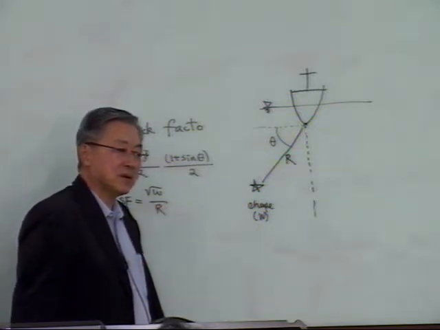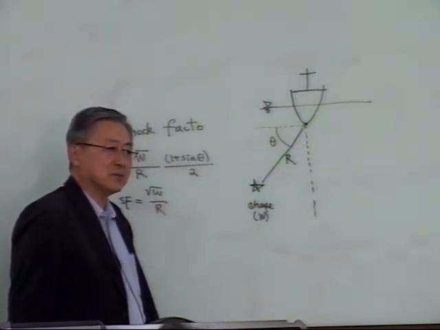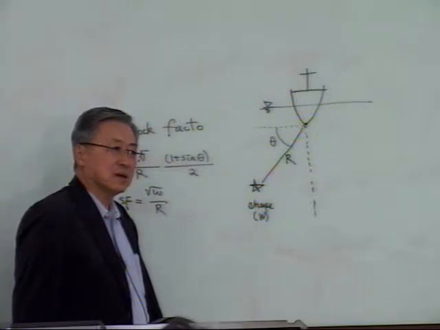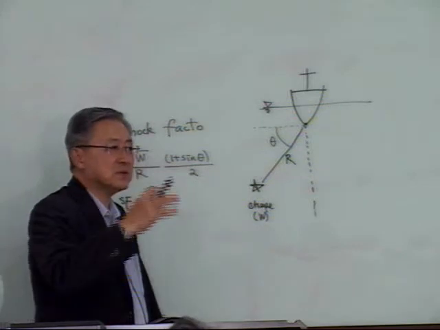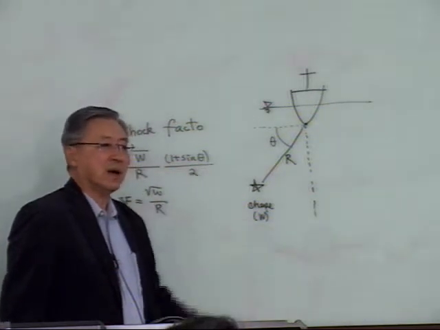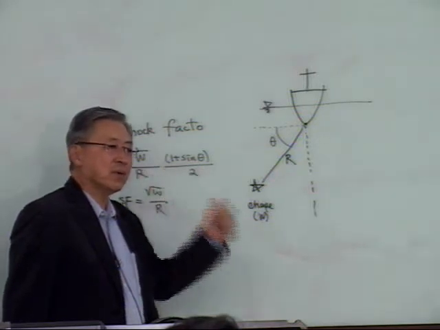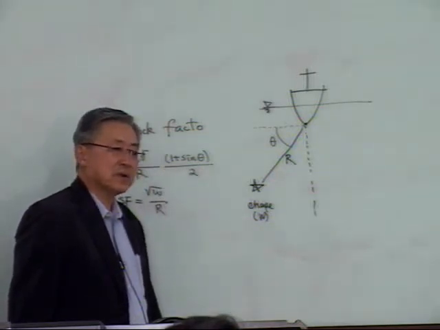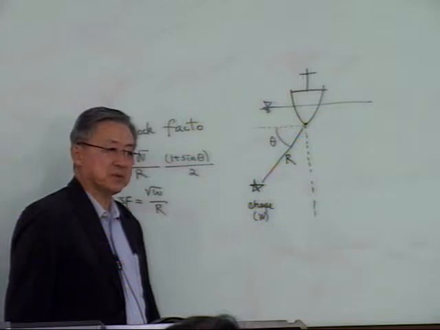Then your question would be, how did you get there? You have to say something on the shock factor, like 1 or a half or 0.2 or whatever, which comes from experiment.